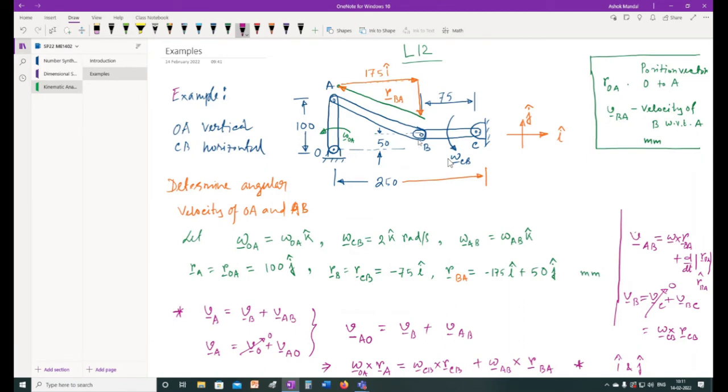So at this instant, point B is here. This coupler is rotating with respect to this point B. That means you know the velocity of this point A with respect to B is perpendicular to this link. Yes or no?